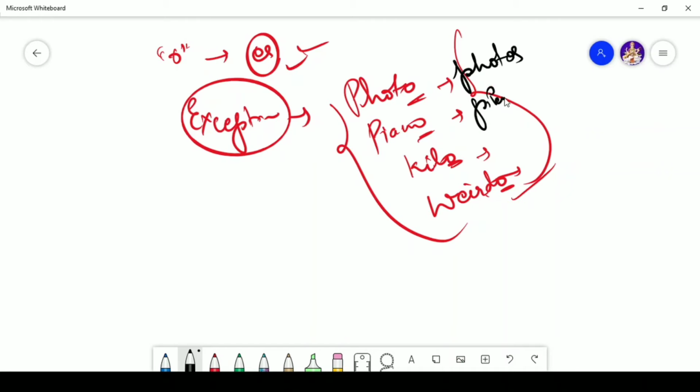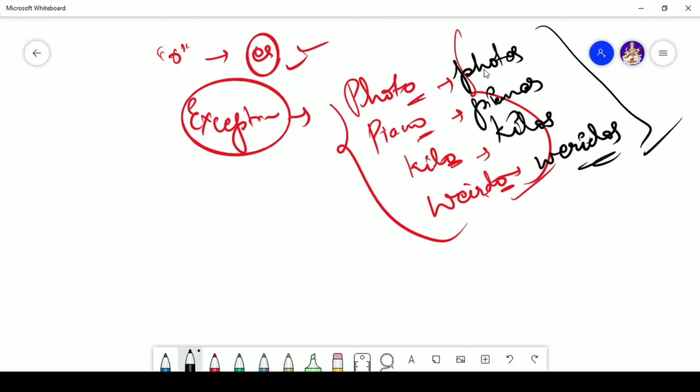Okay, pianos, kilos, weirdos. So remember this and don't make these mistakes. If you write PHOTOES, it is going to be incorrect. These are the exceptional cases where the noun has an ending of O, and normally you are supposed to use es at the end of it.